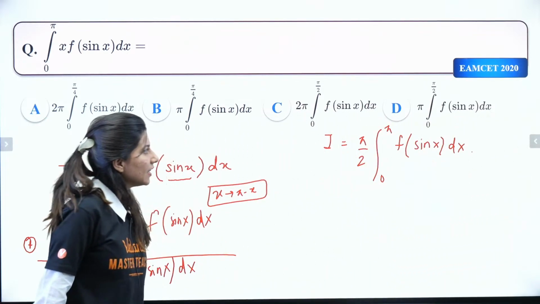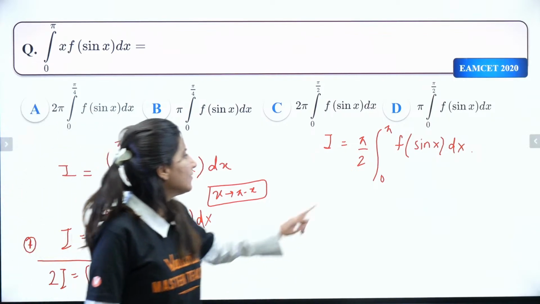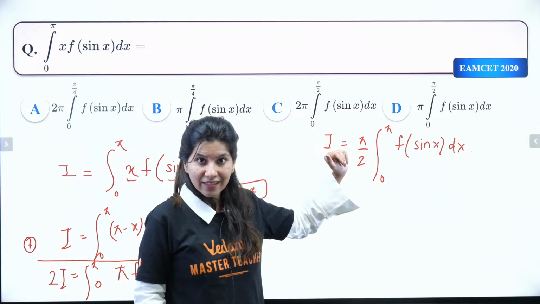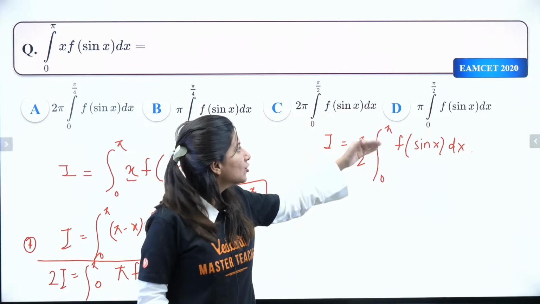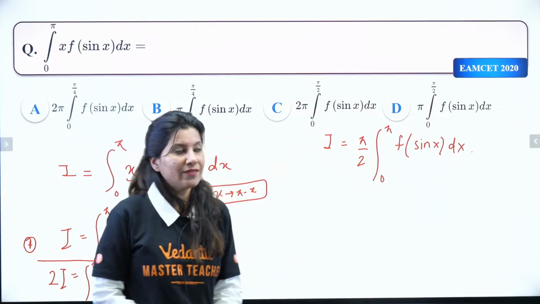Now, if I look at the answers, I can't see any answer which has 0 to pi. So I have to change the limit. For that, Queen's property will come into the picture.